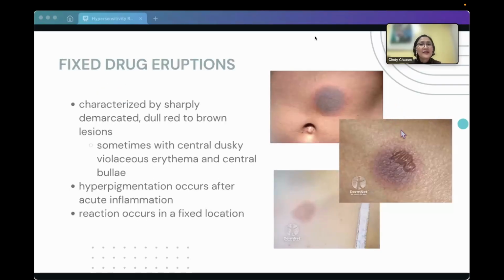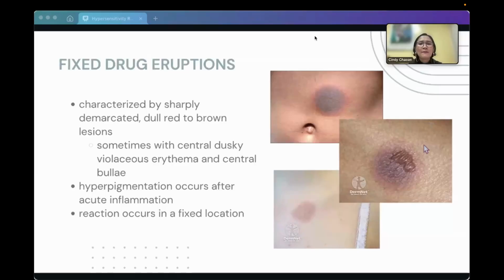The third manifestation is your fixed drug eruption. Your FDE is not as common as the two previously mentioned presentations. It is characterized by one or more sharply demarcated dull red to brown lesions, sometimes with central dusky violaceous erythema and central bullae, as you can see in the picture right here. Para siyang coin, bilog na bilog, perfectly circled talaga yung lesions ng fixed drug eruption.